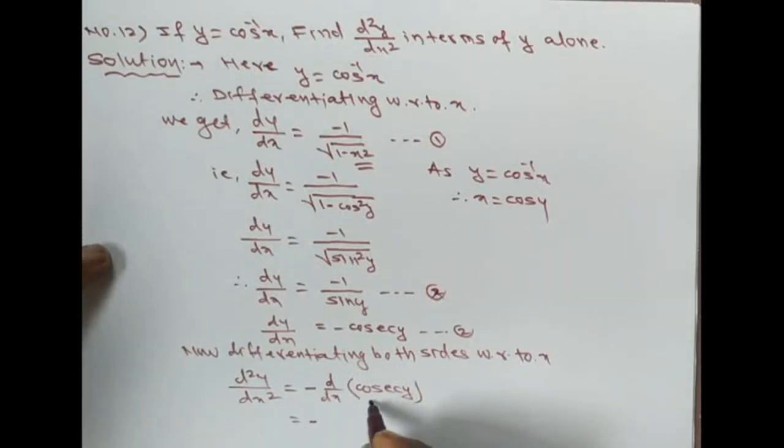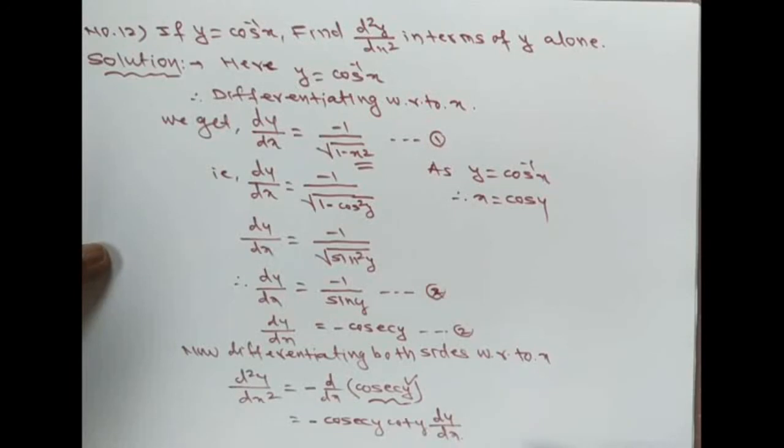The derivative of cosec y is minus cosec y cot y, but this is a term in y, so you have to differentiate y with respect to x again, so multiply by dy by dx. So this will be cosec y cot y, and what is dy by dx? Minus cosec y.